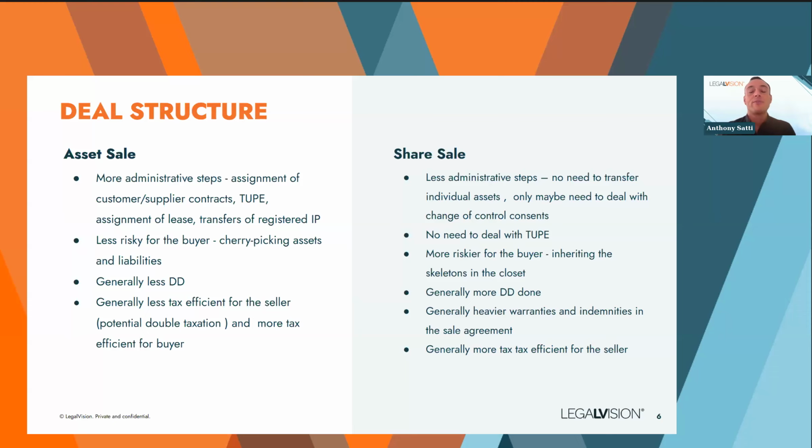That segues into a difference between the two deal structures around due diligence, which is the investigations that a buyer will usually do for the particular business that you're looking to sell. Generally, there's a little bit less DD in an asset sale versus a little bit more DD done in a share sale transaction. But I think the biggest key point for you as sellers is what's the best tax outcome for you as sellers.